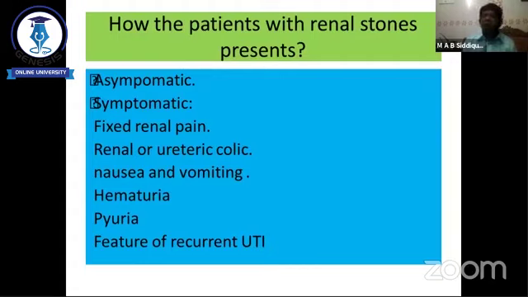But when it is lodged in the ureter, it produces colicky pain, because the ureter has smooth muscle, and the pain becomes colicky. There may also be abdominal symptoms like nausea and vomiting, hematuria from eroding the wall, pyuria, and features of recurrent UTI.